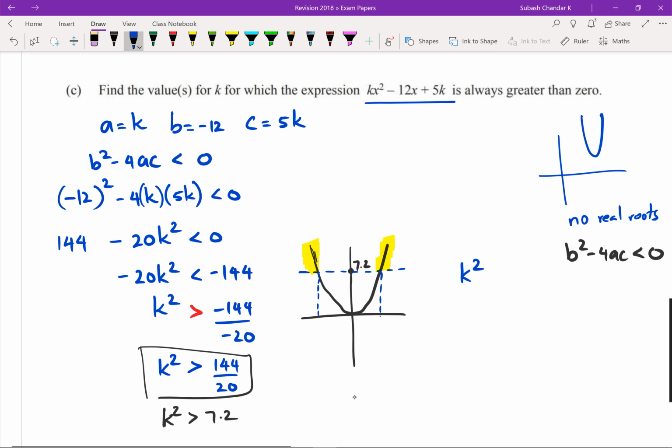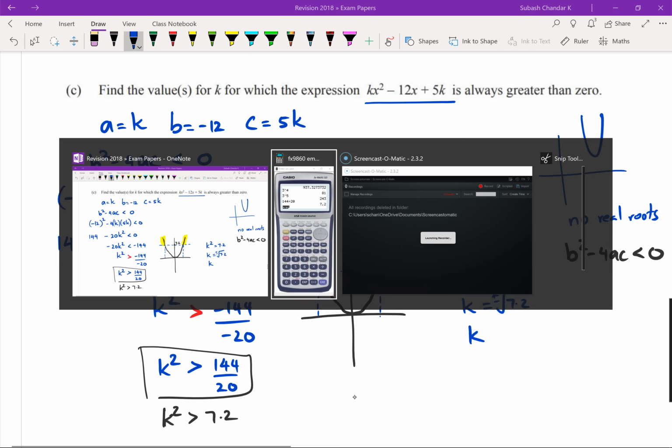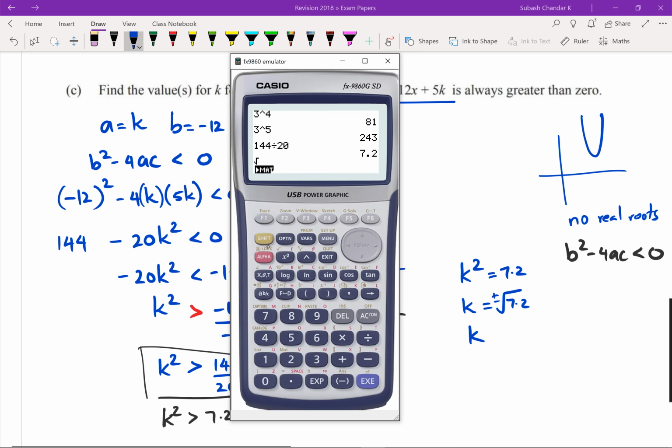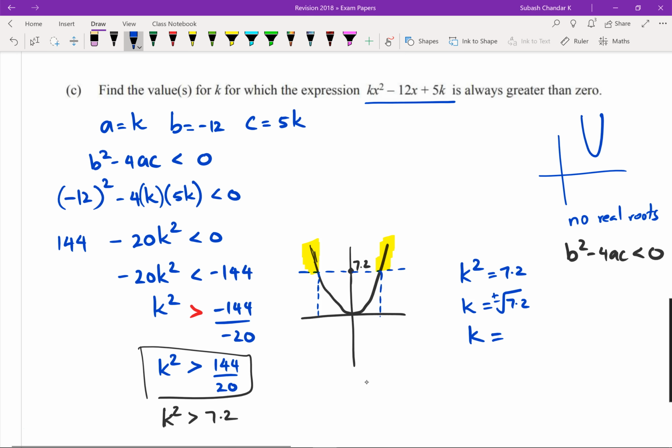So I've got k squared equals 7.2, then k is equal to plus or minus the square root of 7.2. When I do the square root of 7.2, I get 2.68. That means this value is 2.68, and this value is minus 2.68.